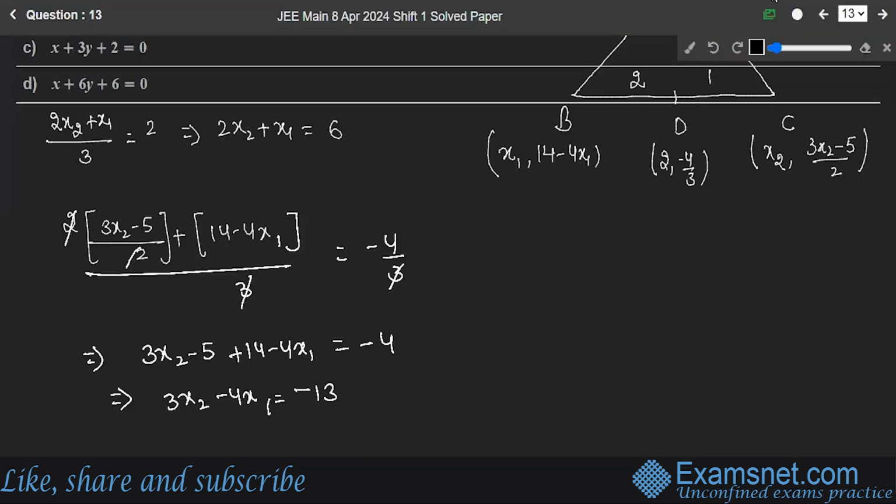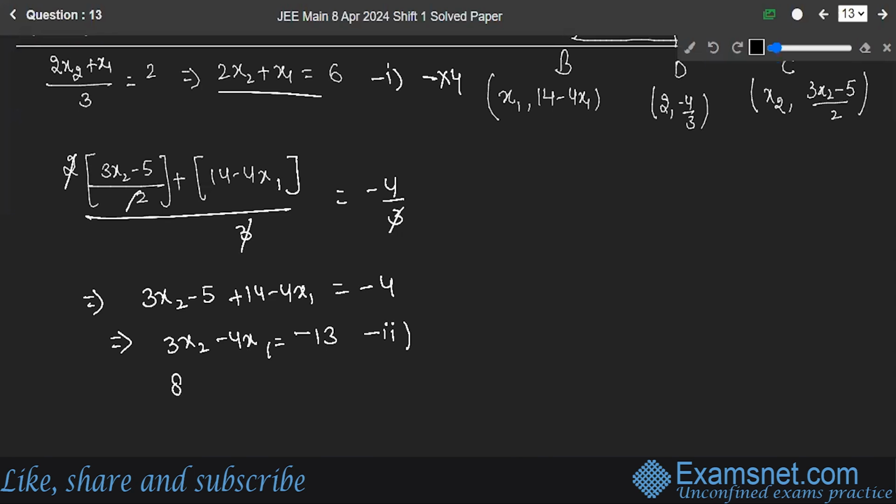Yeah, this is correct. So this is your first equation and this is your second equation. Let's multiply this equation by 4 and subtract. So you will have here 8x2 and 4x1 is equal to 24.